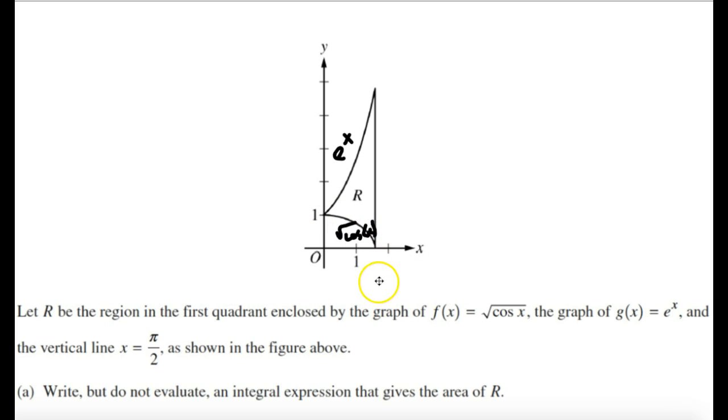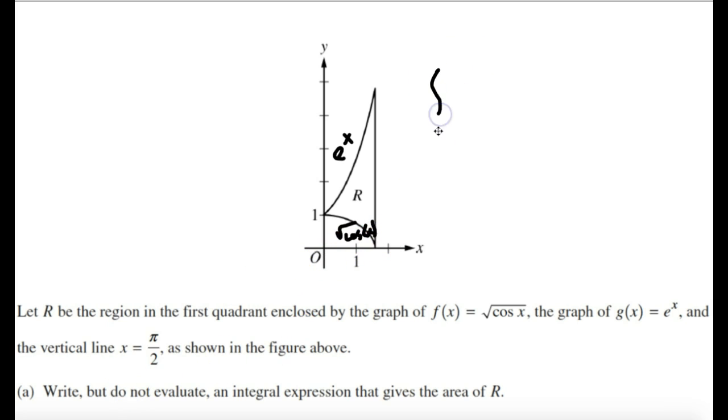If you're not 100% sure on that, you could just plug 1 in, okay, and we would get e, if we plug 1 in to g, and then cosine of 1 is some, we know it's in between -1 and 1, and then the square root of that would definitely be less than e. So e to the x will be my top curve, square root of cosine of x will be my bottom curve. My bounds, we're actually given those, would just be 0 and pi over 2.